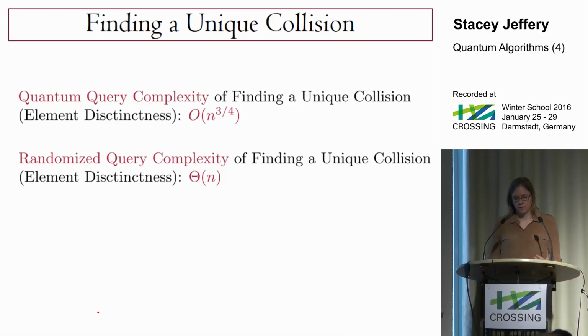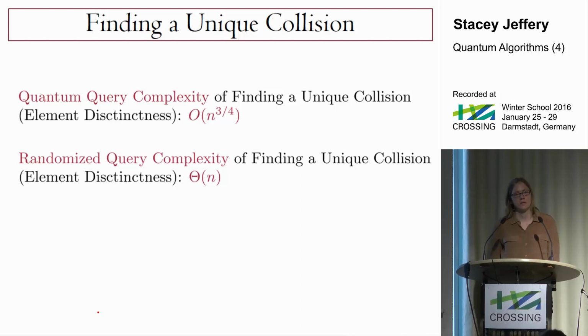For the classical case, of course, if you query the entire domain, so you query h of 1 up to h of n, then you can sort these values to find a collision, and this costs n queries.